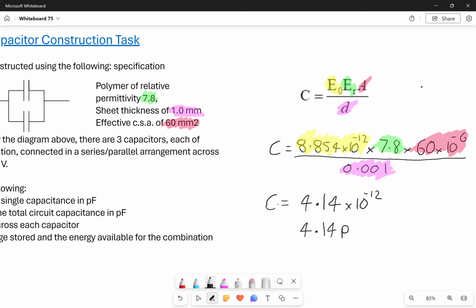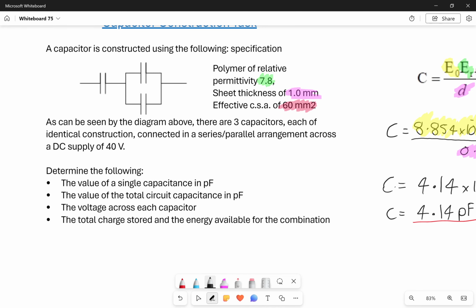We're dealing with capacitance. The unit of capacitance is farads, so for a single capacitor it should be 4.14 picofarads. So that is the value of a single capacitance in picofarads, and we have done the first bit of the question right there.